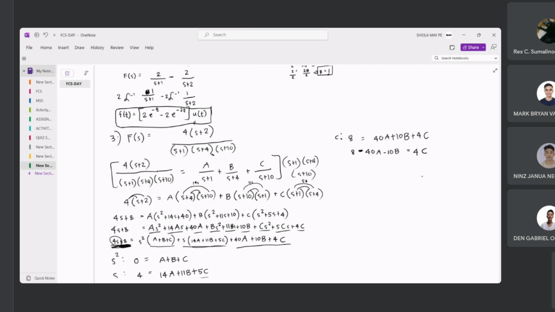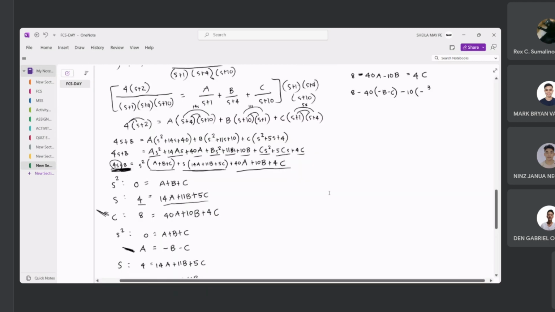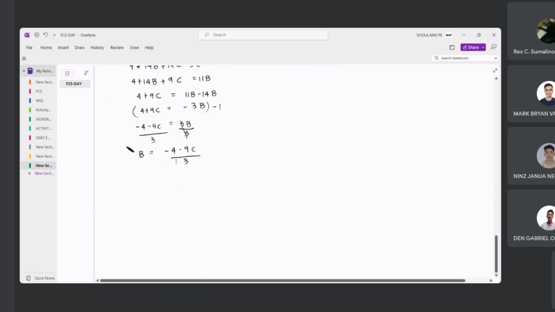Okay, now remember we have equations for A and B. So minus 40, what's our A? A is negative B minus C. And B is negative 3... This can be simplified, class.